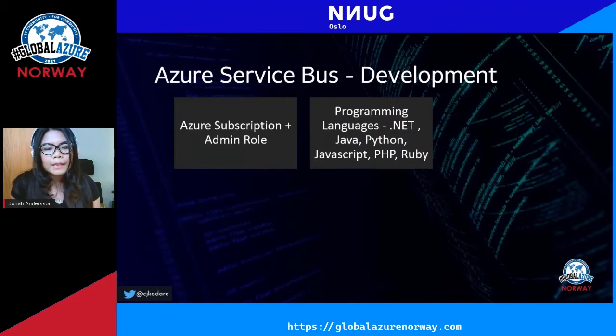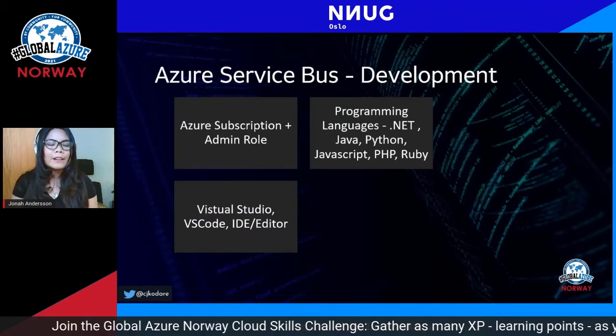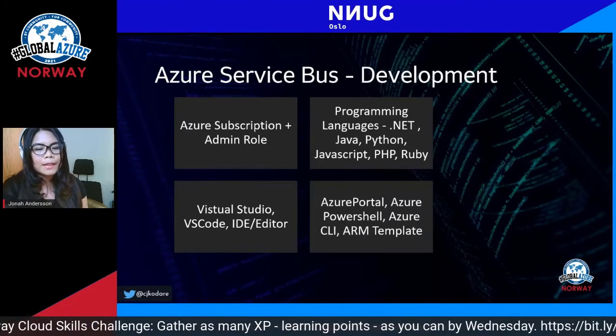The programming languages that are supported are .NET, Java, Python, JavaScript, PHP, and Ruby. And a code editor. I see that I misspelled it. A code editor: Visual Studio, VS Code, or some IDE depending on the language that you have chosen to code your Service Bus with your apps.